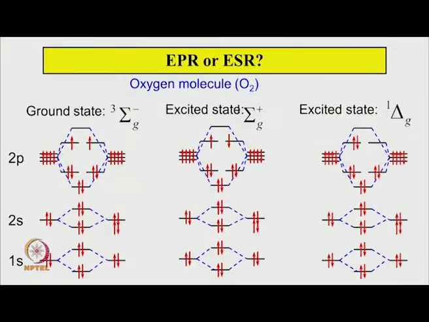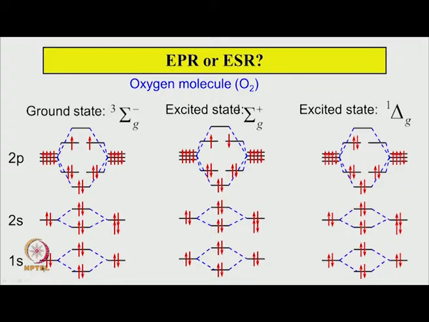So, here is an example. Oxygen molecule we are all familiar with, and its electronic configuration in the ground state is shown here. 1s, 2s, 2p are the orbitals of the oxygen atom, and there are 8 electrons there, and these middle horizontal lines are the molecular orbitals.